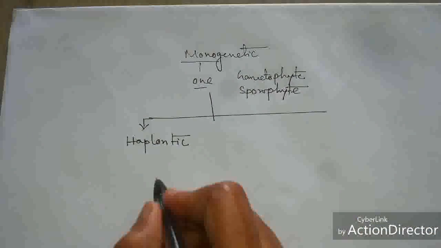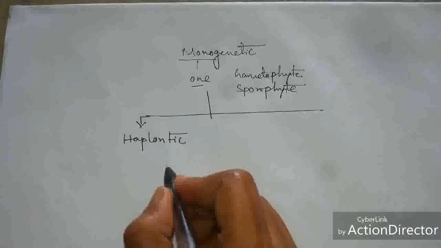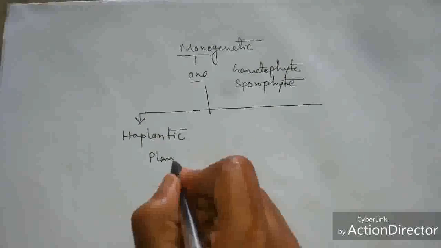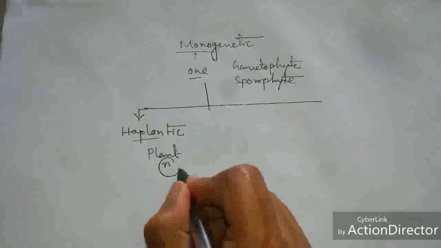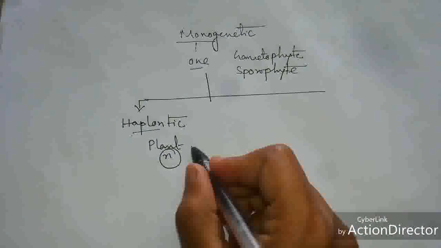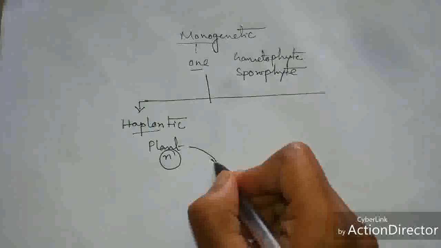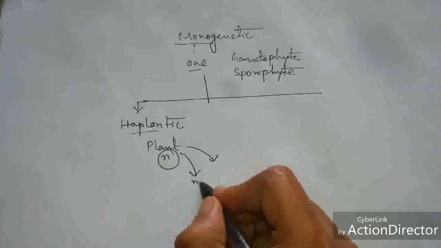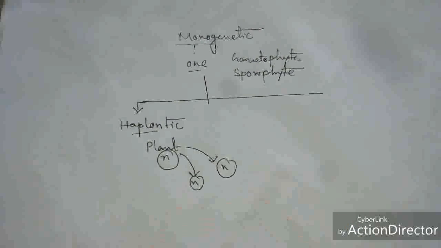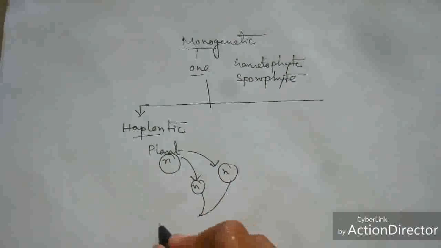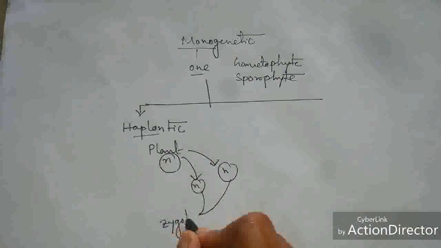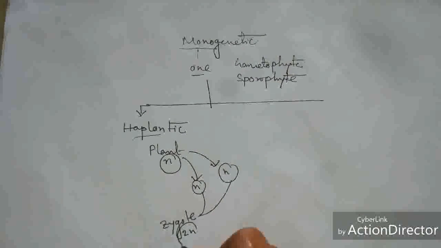So in haplontic, the plant body is haploid type, and from this plant two types of gametes are produced. These gametes fuse and produce a zygote, which is diploid.